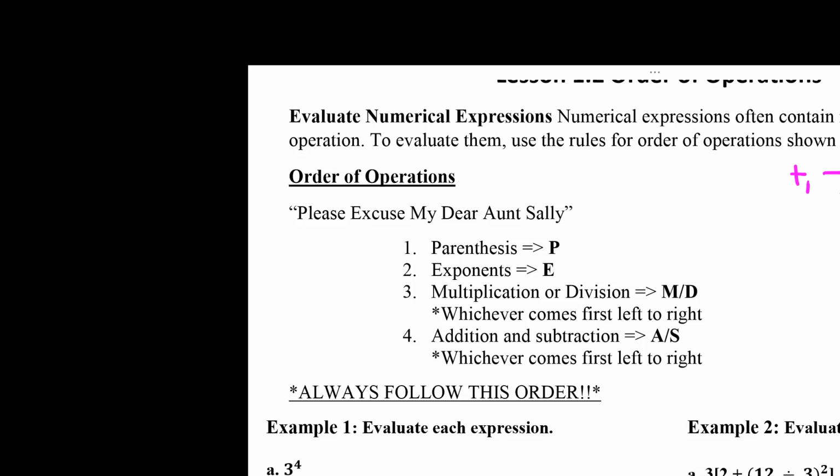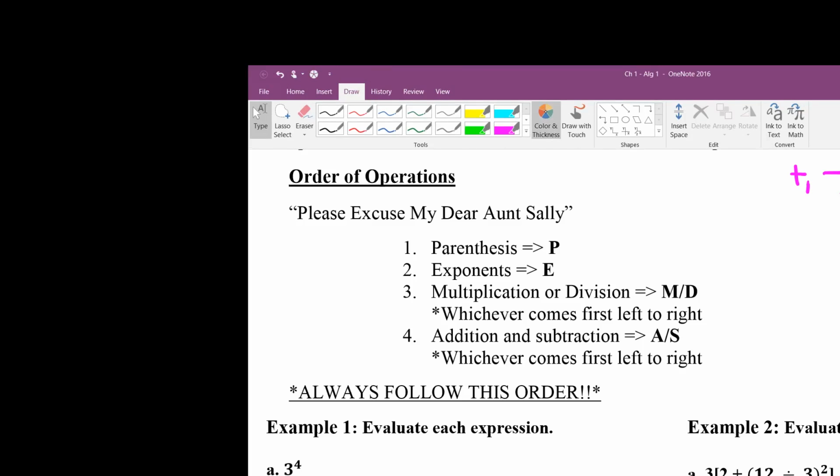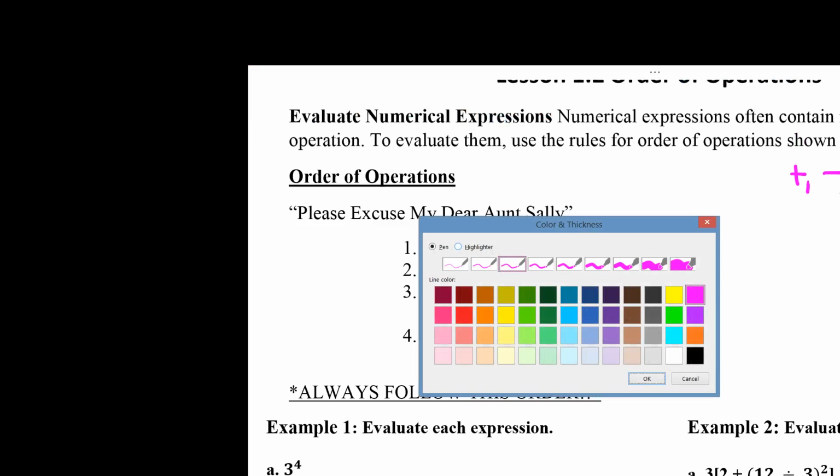The second thing we do is we take care of the exponents or the powers. The third thing we do is multiply or divide. And I want to make sure that everyone understands, it is whichever comes first from left to right. So if the division is first, then you need to do division.